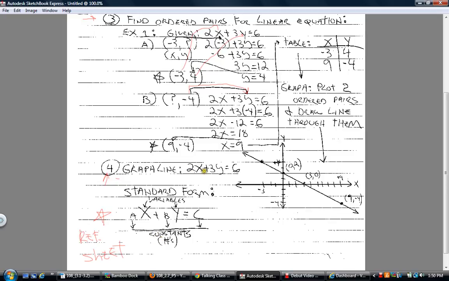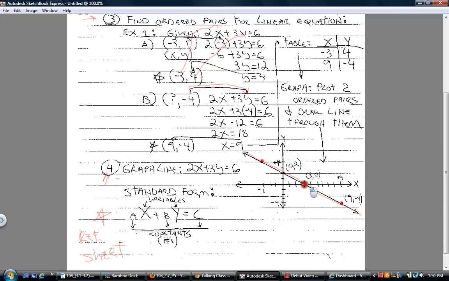Okay, here's an example. 2x plus 3y equals 6. They tell you to graph it. Well, in the work beforehand, we found the ordered pairs -3, 4, which should be right here. And we found 9, -4, which would be about right here. 2 points determine a line, and then you can draw it. Notice where the line crossed the x-axis.